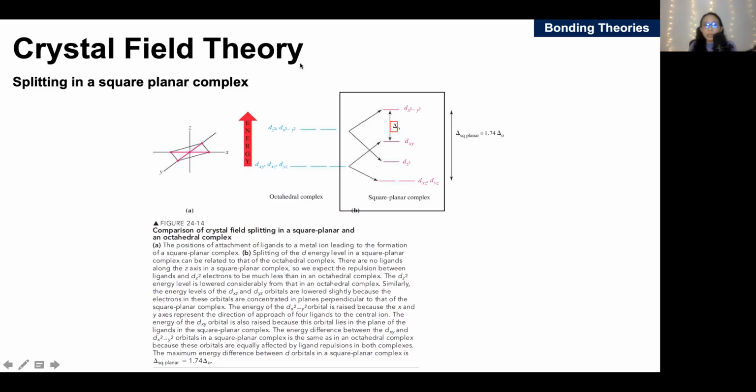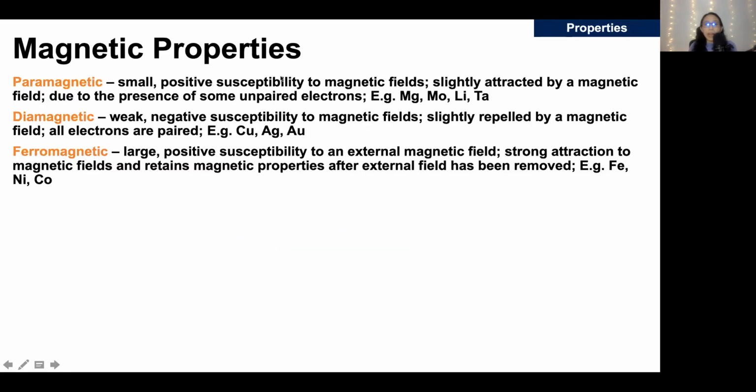Okay, so you have to memorize the splitting pattern for your octahedral, tetrahedral, and square planar. I think the square planar will be the most challenging because for the octahedral and tetrahedral, they are just inverse of each other.